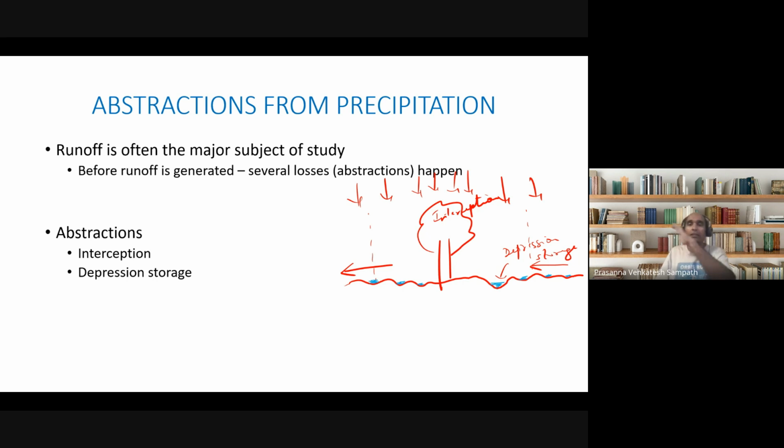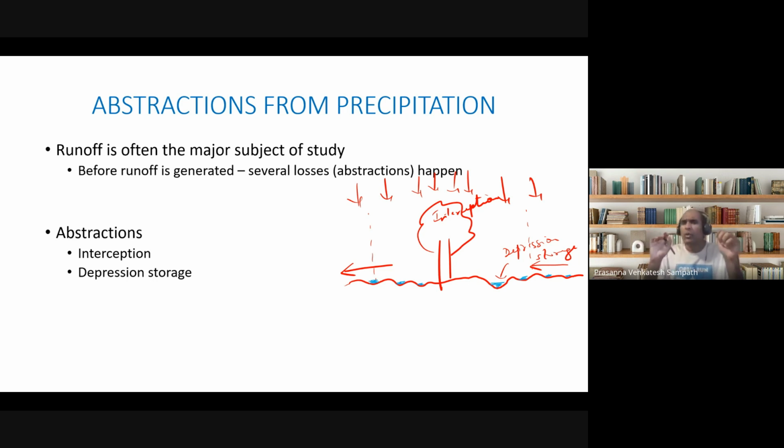Even after the rain stops, if you go and look outside, water will flow for some time and then it will stop. But wherever the puddles are there, those puddles are still going to remain, right? So that depression storage water never becomes a part of runoff unless you go and pump it out or something like that happens. Unless there is some intervention from human beings, that water in the depression storage will never become a part of runoff, right?